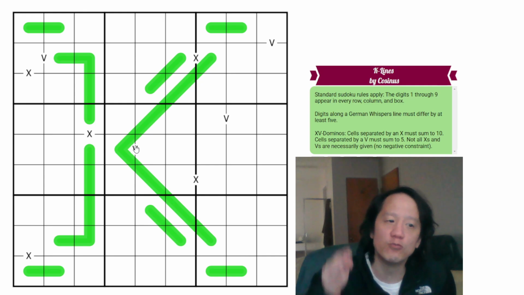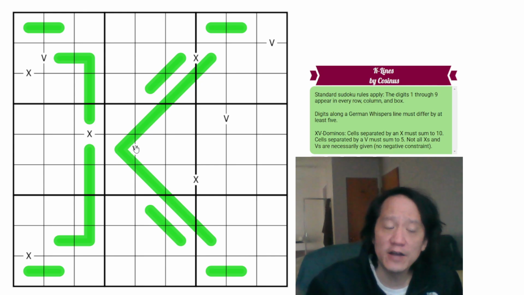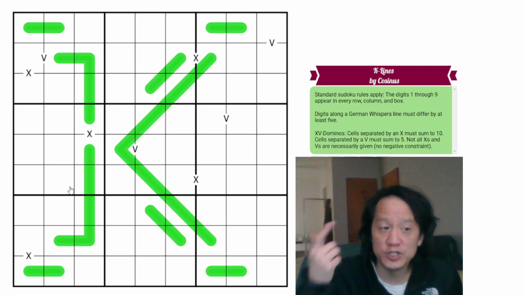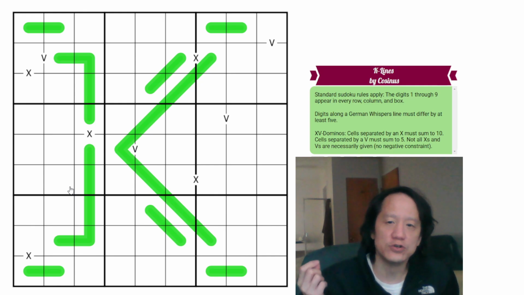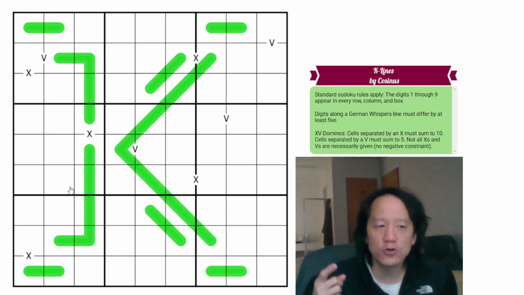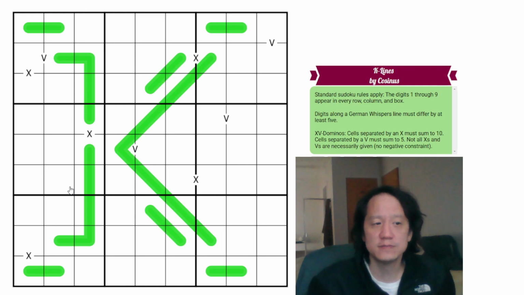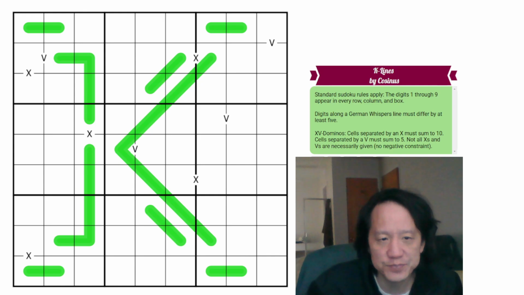And by low, I mean 1 through 4, and 6 through 9 as high. 5 can never be on a German whisper line, because there is no digit in normal Sudoku that is 5 away from it. 5 can be 5 away from 0, which is not normally in standard Sudoku, or from 10 and more, but 10 is obviously not a digit.